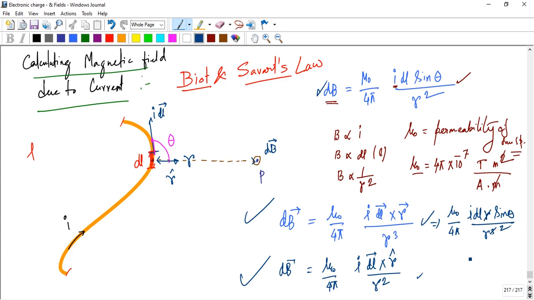Since r cap is a unit vector, its magnitude is 1, times sine theta by r square. If you choose any of these, both are right. Some books refer to this as the vector form of the Biot-Savart law.